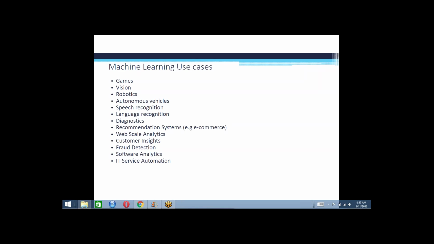The diagnostics in this scenario is about moving the whole paradigm of maintenance from what we call scheduled maintenance or reactive maintenance, which is reacting in response to a fault or a breakdown, to preventive maintenance.